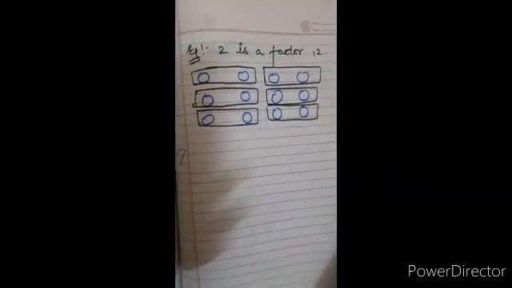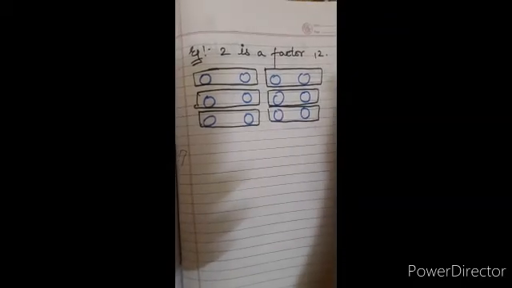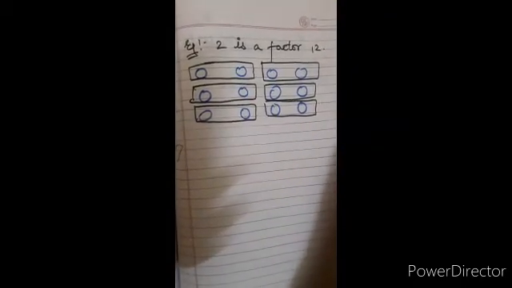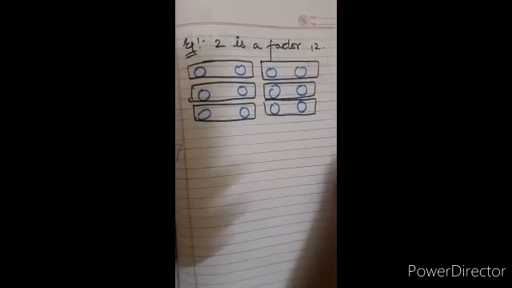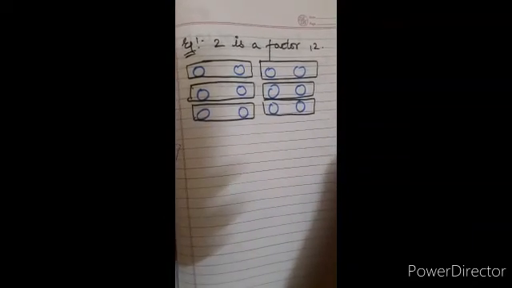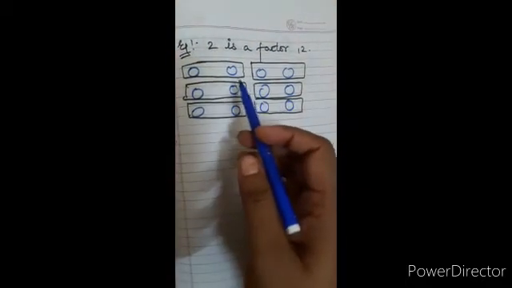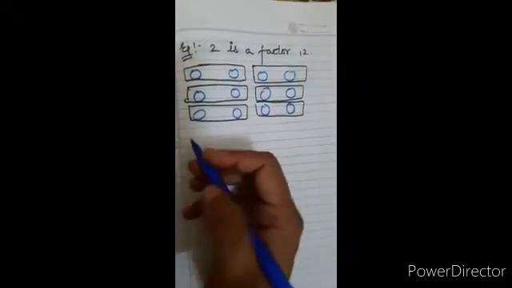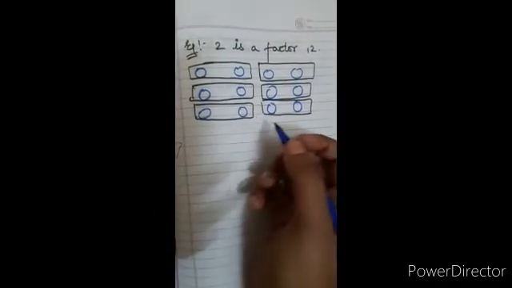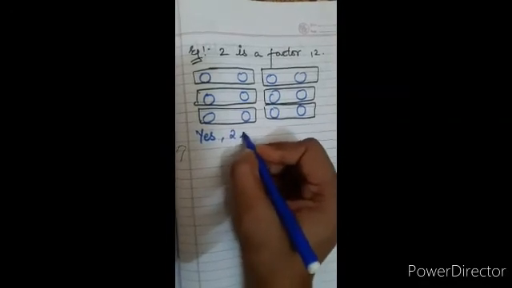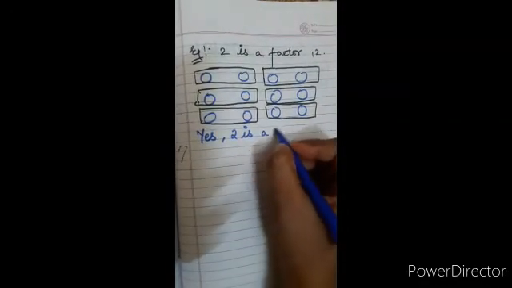Now there are 6 groups and each group has 2 balls. No ball is left, so there is no remainder. It means yes, 2 is a factor of 12.